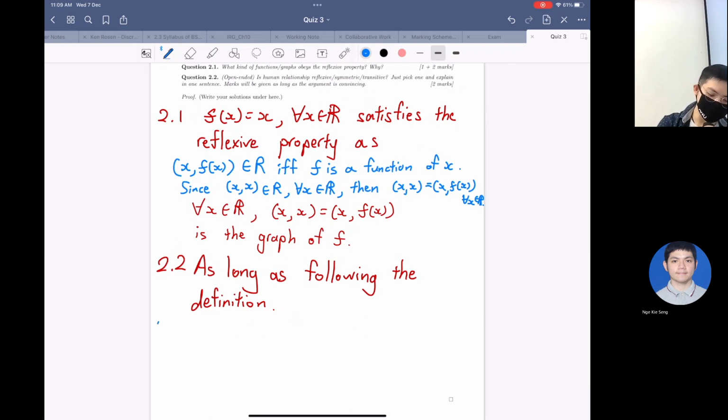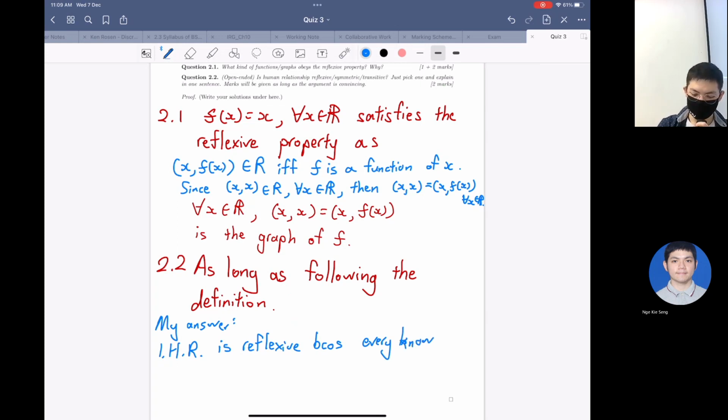So maybe my answer: HR is reflexive because everyone knows themselves well.